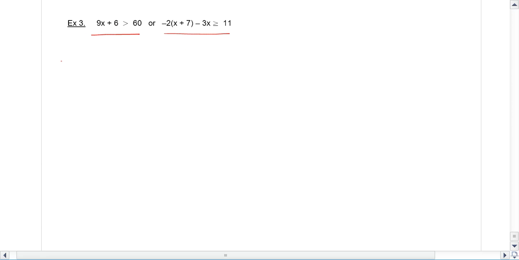So for this part here, subtract a 6 from both sides. 9x is greater than 54, and then divide both sides by 9. X is greater than 6. Here we have a little more work to do. We start by distribution. Negative 2x minus 14 minus 3x is greater than or equal to 11.